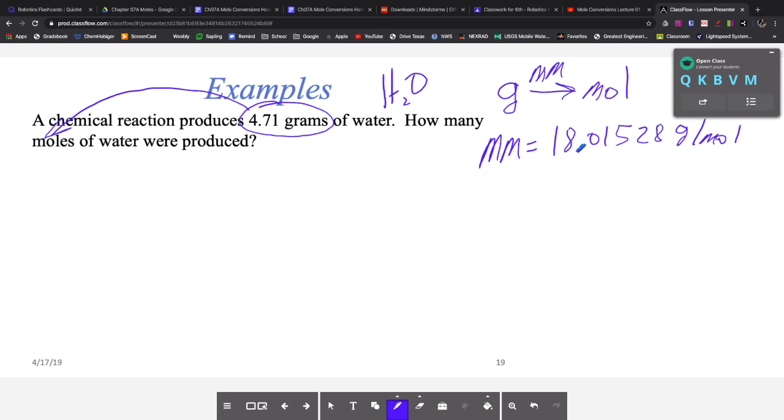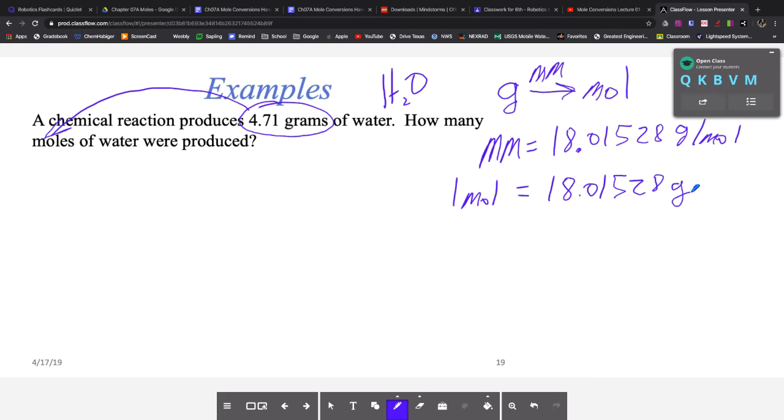But to save time on these problems, you can look up the molar mass. So to write that as a conversion factor, it's that many grams in 1 mole. So 1 mole of water is equal to 18.01528 grams of water.